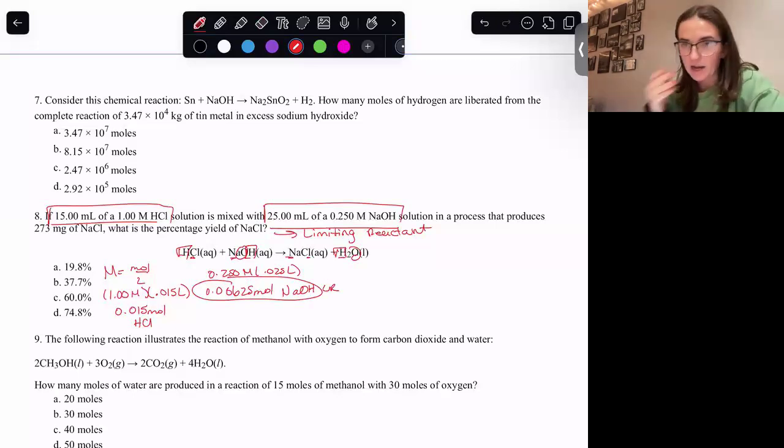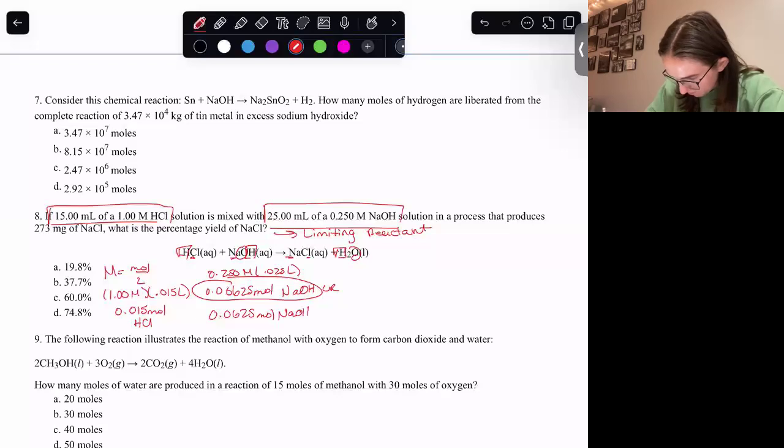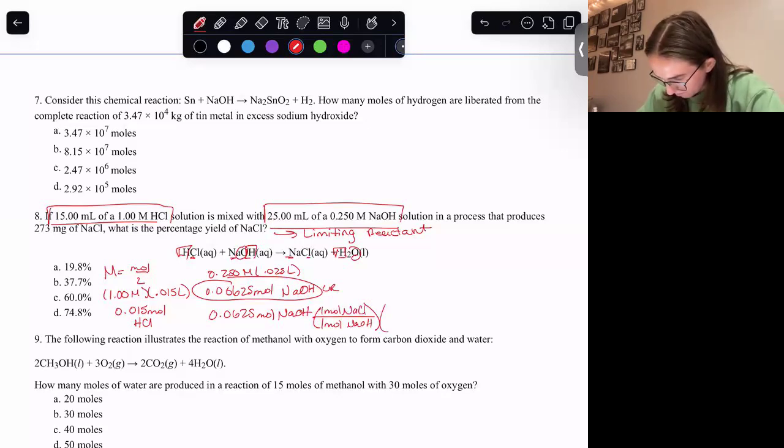So since we only have that many moles of sodium hydroxide, we need to figure out how many grams of sodium chloride get produced from this many moles of sodium hydroxide. So in a 1 to 1, for every 1 mole of NaOH, we have 1 mole of NaCl.